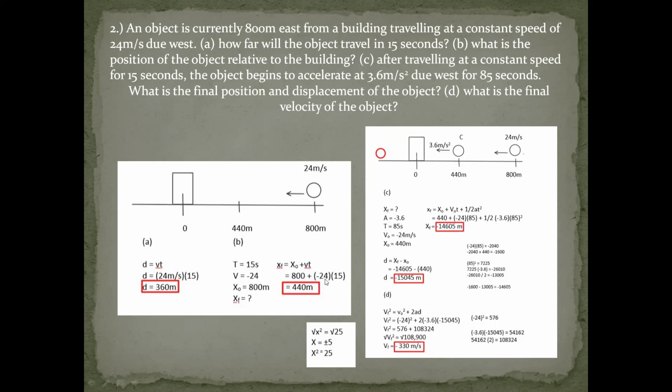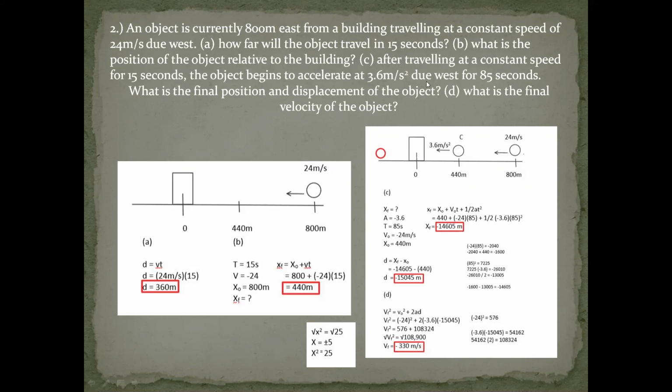So, negative 24 times 15 is negative 360. So 800 minus 360 is 440 meters. Okay? So, ayan yung proper way of computing it. But if you want to do it the easy way, subtract mo lang siya.